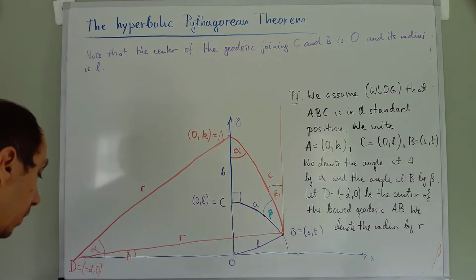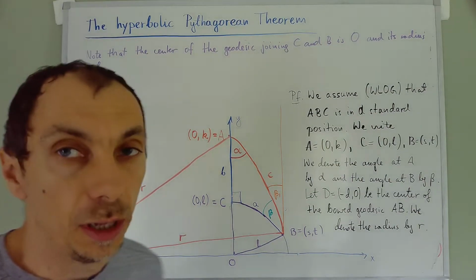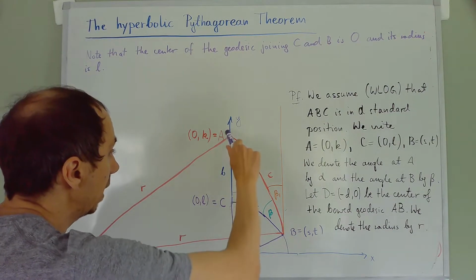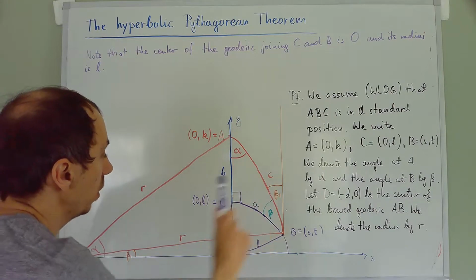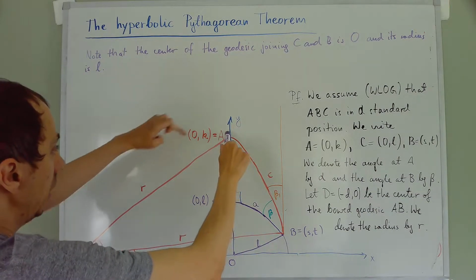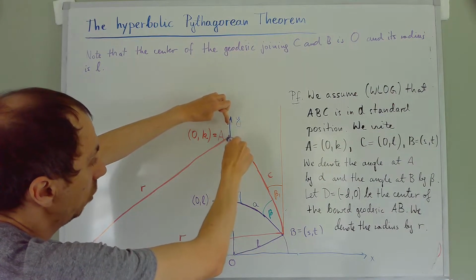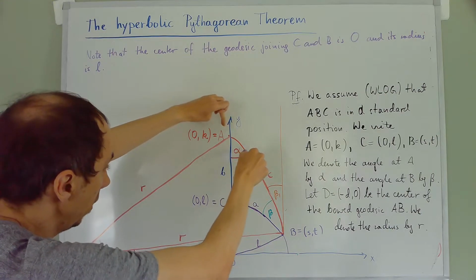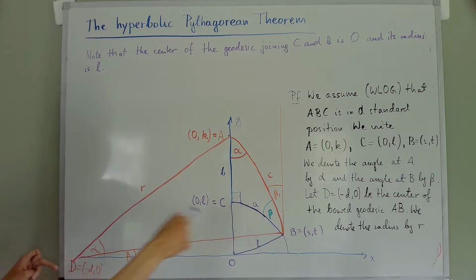Okay, now by one of the previous videos where we described how to find angles between a vertical geodesic and a bowed one, you know that the angle alpha in this triangle, which is really the angle between this vertical line and the tangent line to that red circle, can also be found here, the ray connecting this.